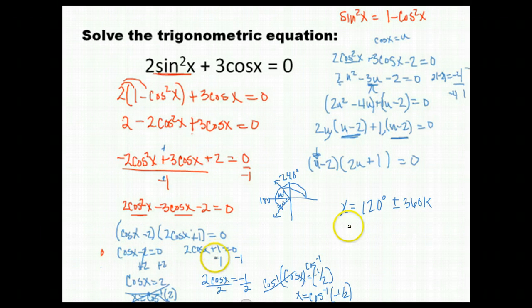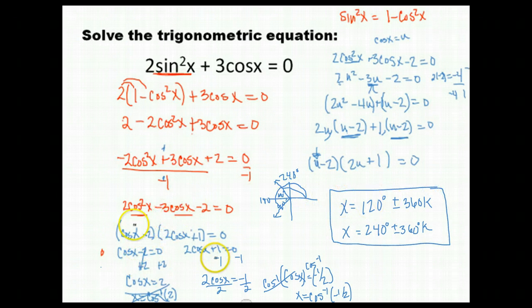Okay, so our second answer here is that x is equal to 240 degrees plus or minus 360k, and that's if our answer is in degrees. Again, our other answer here did not give us any valid solution, so we only ended up with 2. But when you're factoring like this, you do have the potential for 4 sets of answers that you might have to work through.